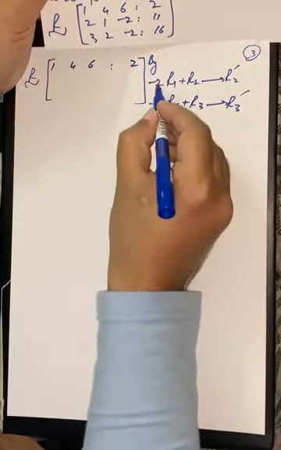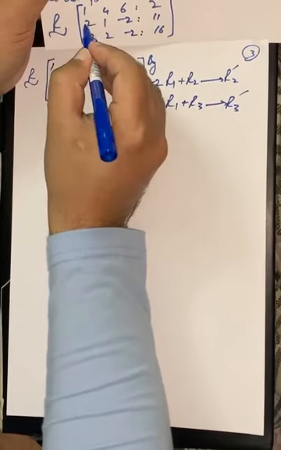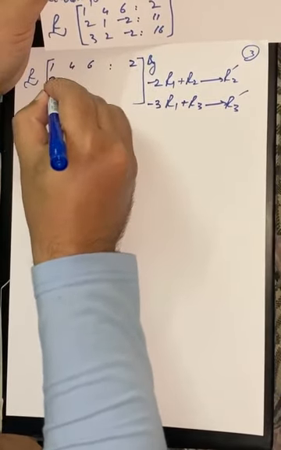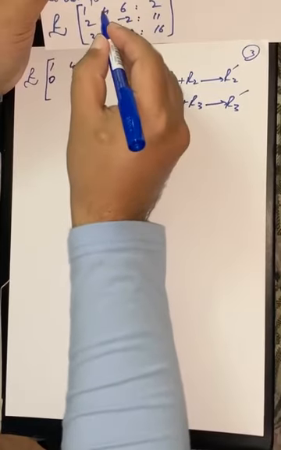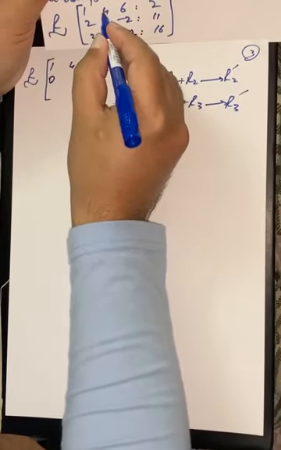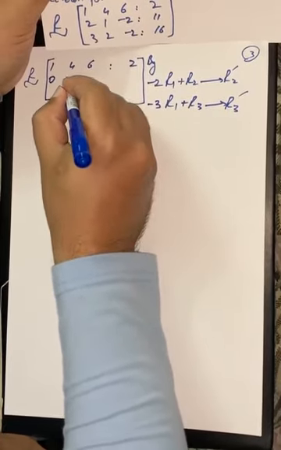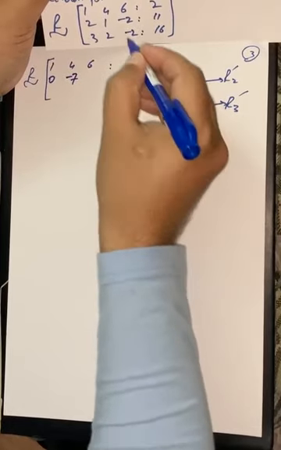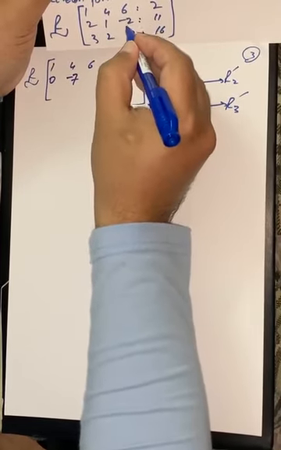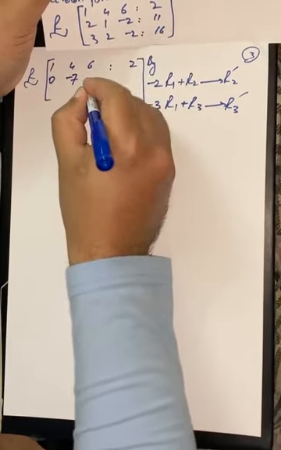So we write the first row the same: 1, 4, 6, 2. Now we change the others. Minus 2 ones are minus 2, plus 2 gives us 0. Minus 2 fours are minus 8, minus 8 plus 1 is minus 7. Minus 2 sixes are minus 12, minus 12 minus 2 is minus 14. Minus 2 twos are minus 4, minus 4 plus 11 gives me 7.